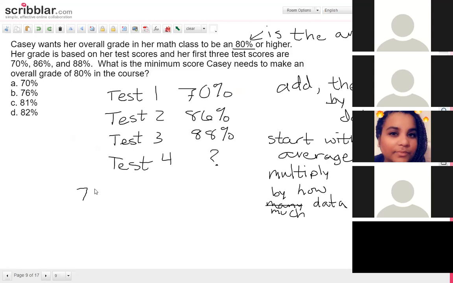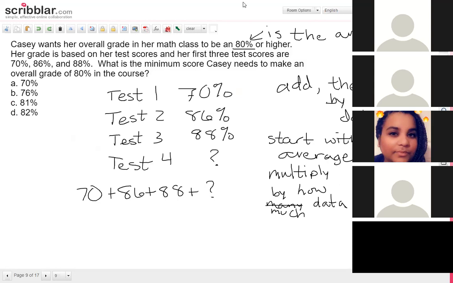If we did know it, we'd be doing 70 plus 86 plus 88 plus that last test. So even though we want to say 3 because those are the numbers we know, we count the one we don't know as one of the pieces of data. So it's actually 4. Good. And that's just a common thing that happens all the time, which is why I asked how many there are.